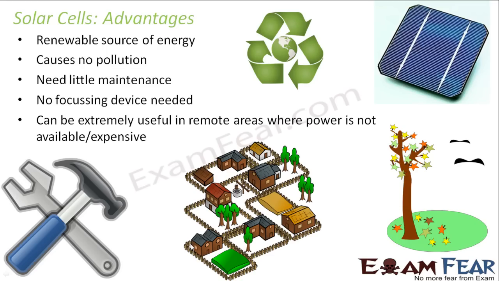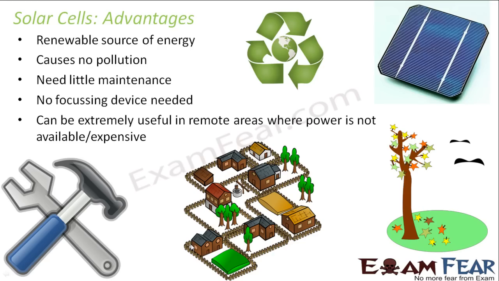Solar cells can be extremely useful in remote areas where power is not available or power is very expensive. I mean, in very remote villages. For people like us who stay in big cities, we have power available to us. But there are some remote areas where power is very expensive or not at all available. There we can make use of solar cells because they are totally dependent on solar energy.